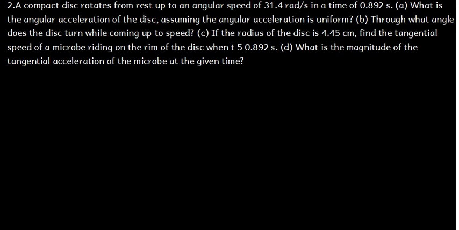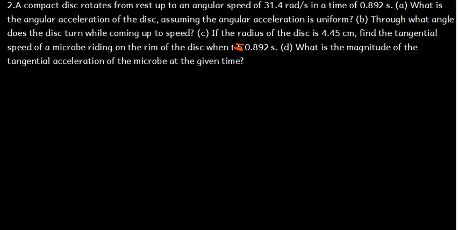Assuming the angular acceleration is uniform, through what angle does the disk turn while coming up to speed? Part C: if the radius of the disk is 4.45, find the tangential speed of a microbe riding on the limb of the disk when t is equal to 0.829. Part D: what is the magnitude of the tangential acceleration of the microbe at a given time? Okay, so there we go.